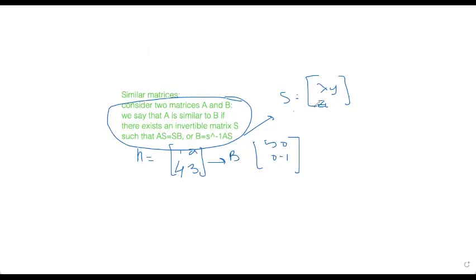But a way that we can do this is we set A times S equal to S times B, which would be x plus 2z, y plus 2t, 4x plus 3z, 4y plus 3t.